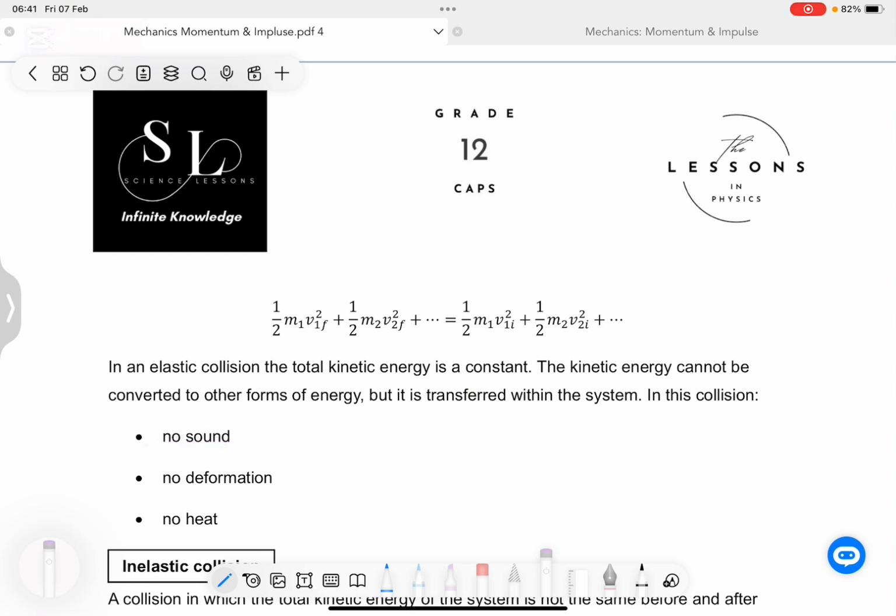For you to deform something and change its shape, there must be a form of sound, and also there must be heat energy, because there'll be friction involved when you change the shape of something, and that friction will cause some form of heat. So there shouldn't be any deformation or heat produced in this collision. There's only kinetic energy being converted to kinetic energy within the system.